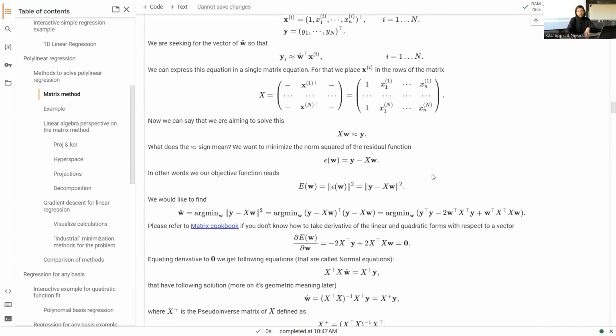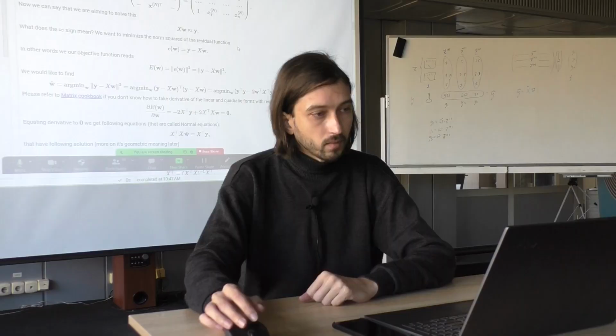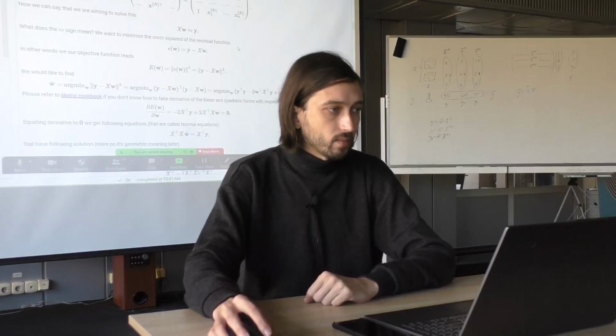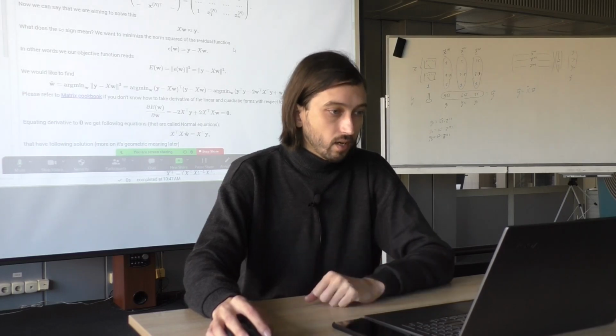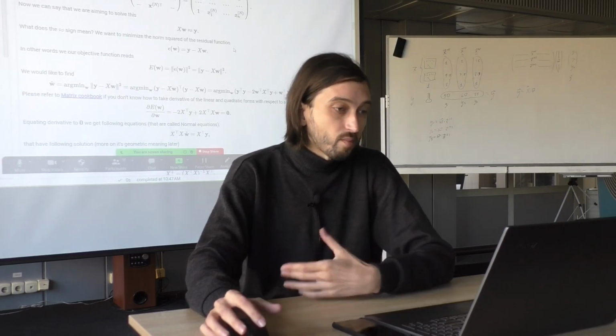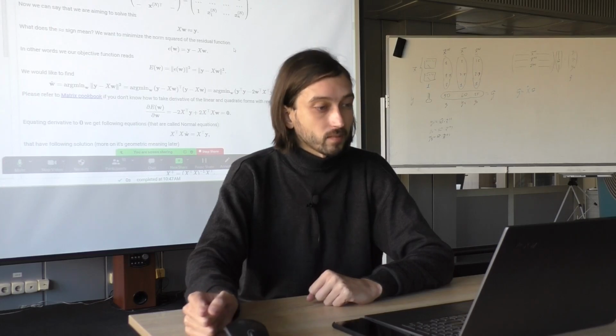And we need to find a way to make some sense of this sign of approximate equality, what it means to be approximately equal, and of course to get some meaningful result. We probably can make it equal if we have the same amount of parameters and samples. For example, you can always draw a line through 2 points. That's okay, but it's not the problem that we want to solve, of course.